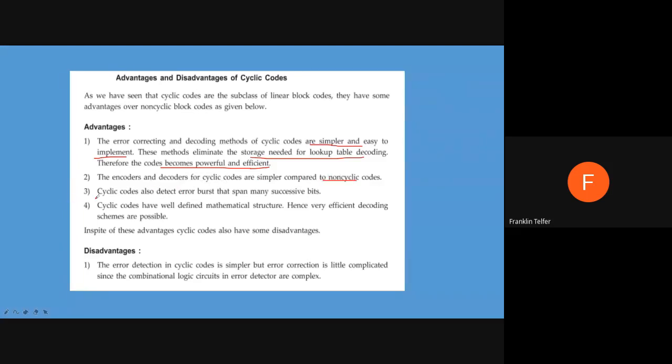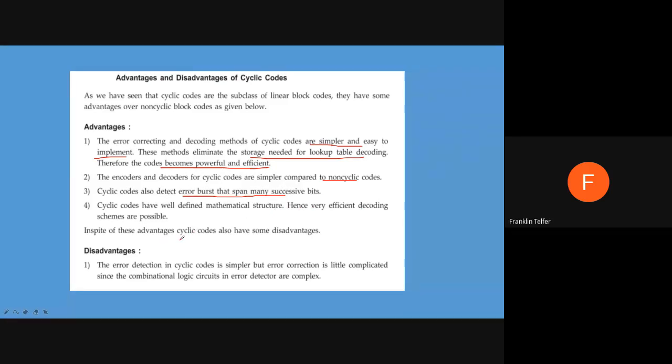The cyclic code can also detect burst errors that span successive bits. A burst error is when the alteration, the conversion of zeros to ones or ones to zeros, happens over a large run of successive message bits. That can be detected. The cyclic codes have well-defined mathematical structures, and efficient decoding schemes are available.